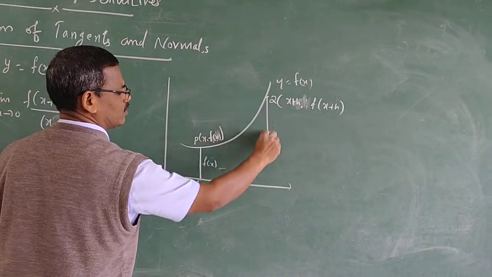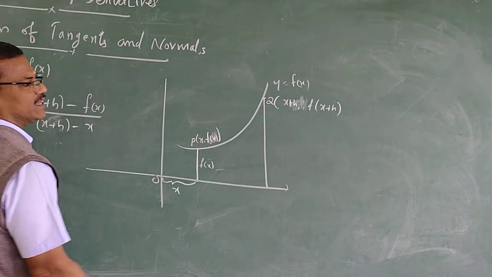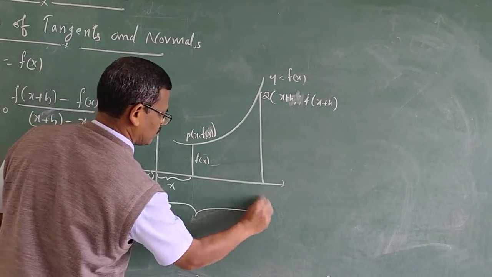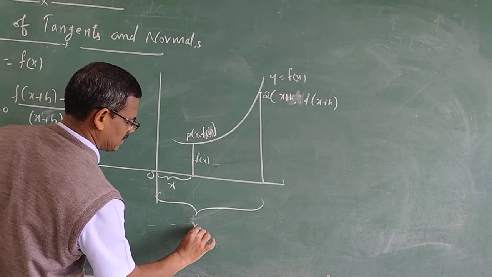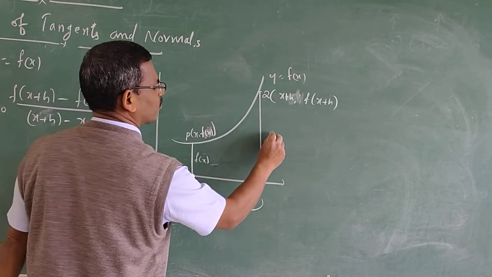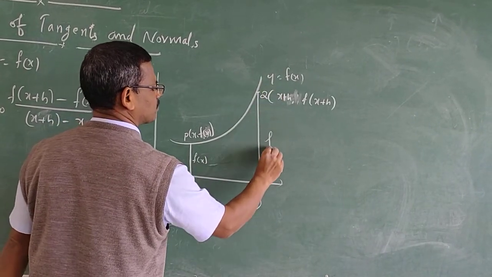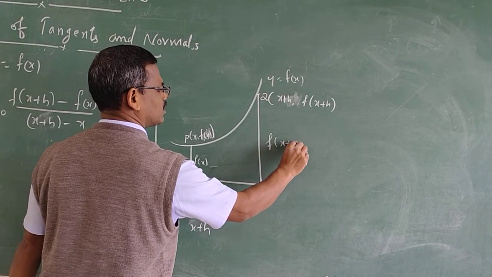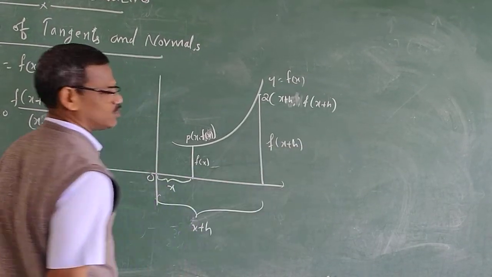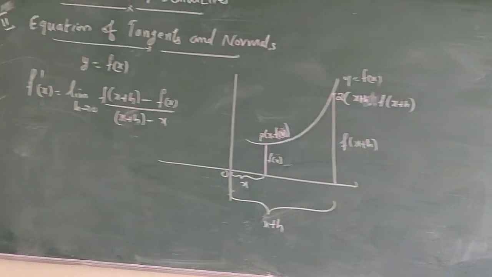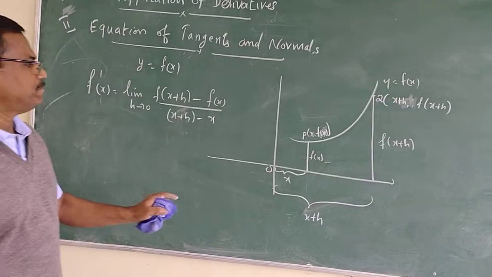Now you drop the perpendicular here, and this is x plus h, and this distance is f of x plus h. This is the coordinate geometry which you studied in class 10 and continued in class 11.